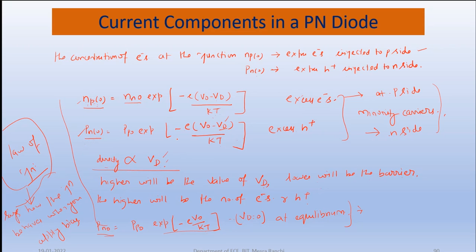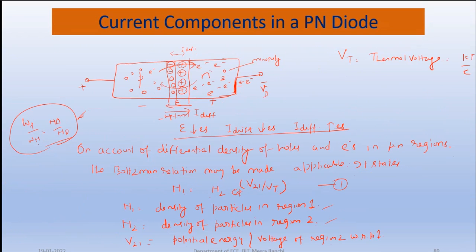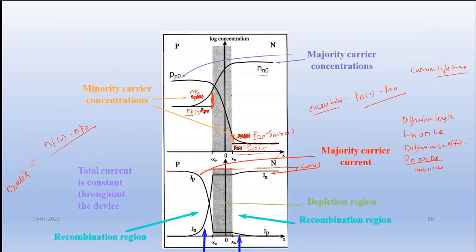Once the charge carriers have reached the junction, there will be a very large number of them, but once they are moving away from the junction, what will happen?